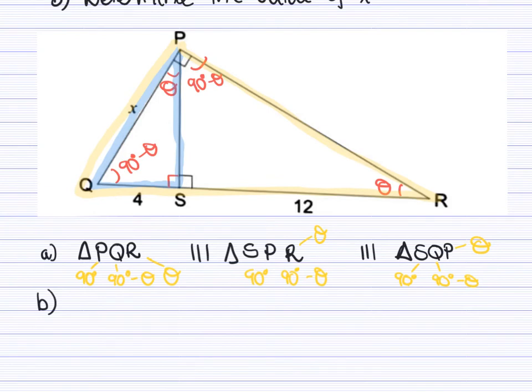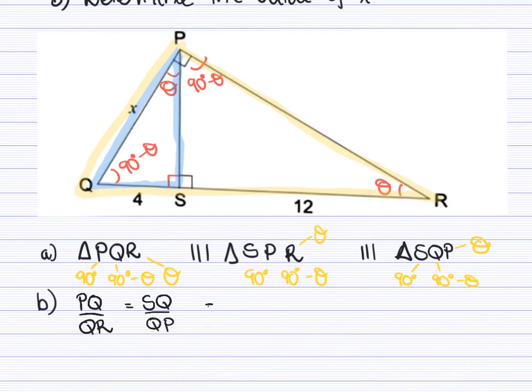So based on that, we can set up the two ratios as follows. PQ divided by QR, and this is referring to the bigger triangle, would be equal to the ratio of the sides SQ divided by QP.